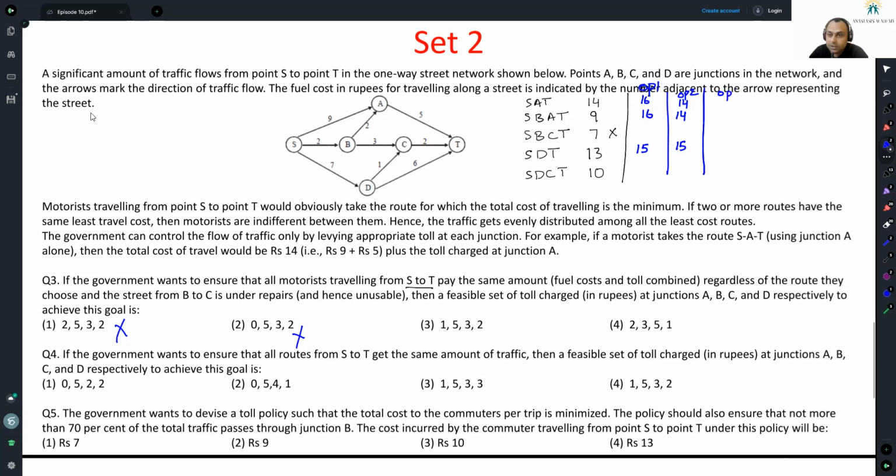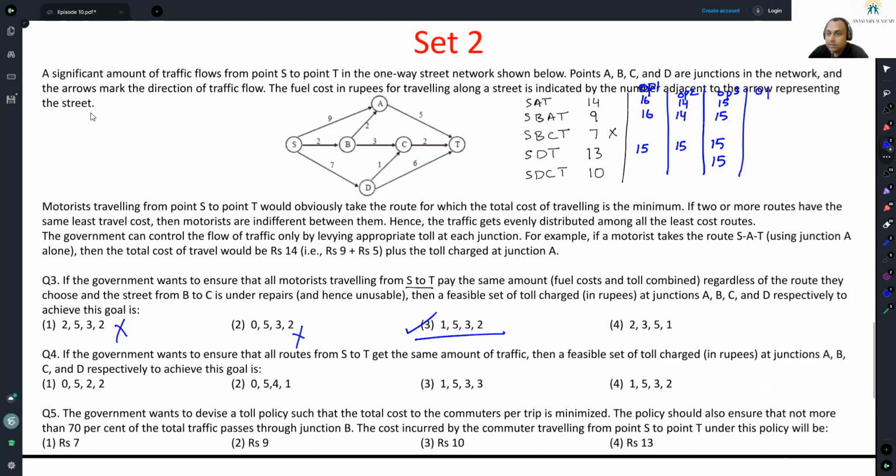Let us look at option 3. So this is 15. This is also 15. 2 more. So this is also 15. Finally, 5 more. So this is also 15. Seems like the right one, because regardless of what route you take, SAT, SBAT, SDT, or SDCT, you're always getting the same charges.